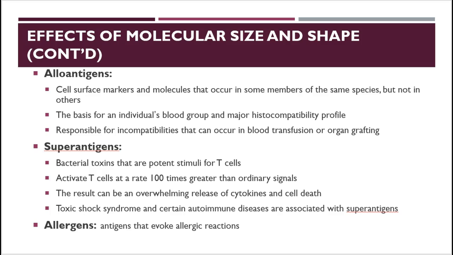There are several other types of antigens mentioned in section 13.3. Alloantigens are surface markers and molecules that occur in some members of the same species, but not in others. Really good examples are the marker molecules that determine an individual's blood group. Also those major histocompatibility profile markers on self cells.